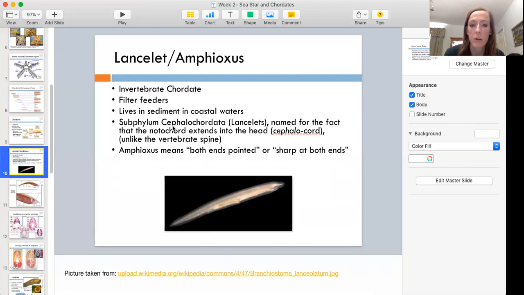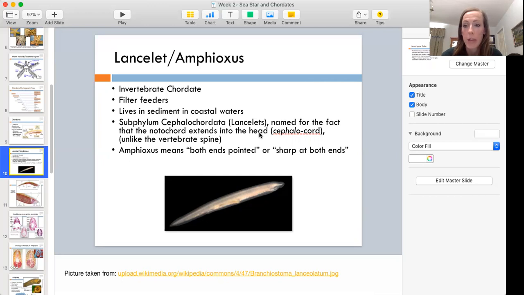So if you break this word apart, cephalo refers to the head, chordata refers to the notochord. Okay, so like I said, the notochord is that support structure that is one of the 4 characteristics of chordates. And the reason that it is classified as a cephalochordata is because that notochord extends into the head. And in fact, it extends beyond the nervous system structures.